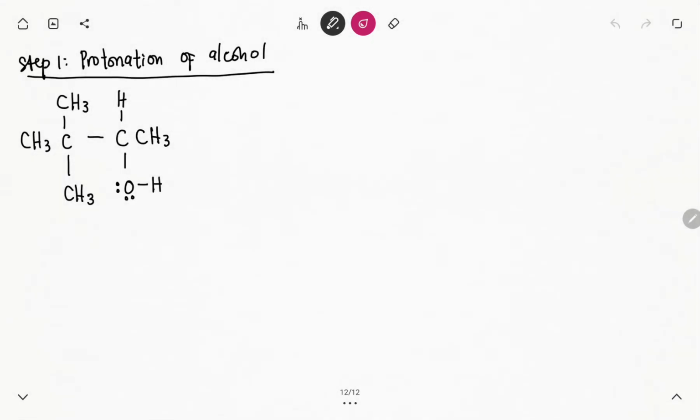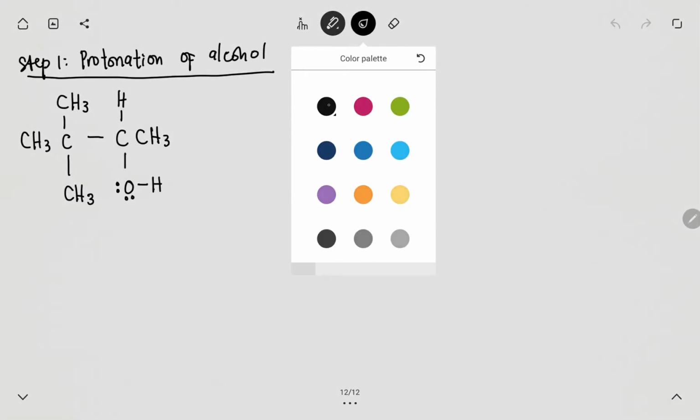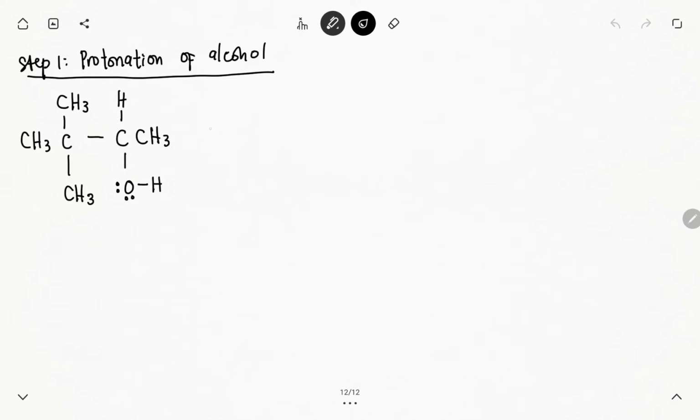So in our first step, you must start from our organic compound, which is alcohol, because the first step is protonation of alcohol. We gain the proton from the reagent towards the alcohol, so it must react with our reagent H2SO4, and we rearrange the atoms in H2SO4 as here.